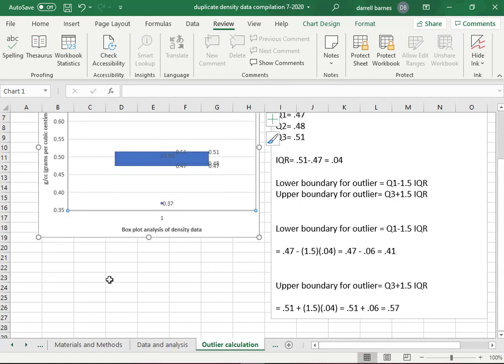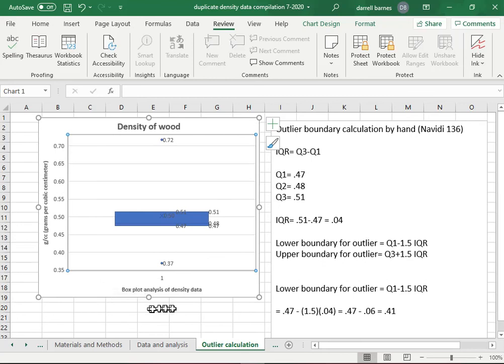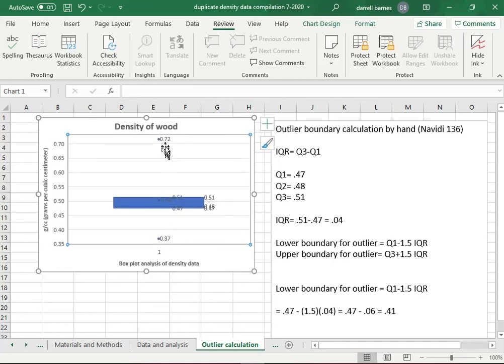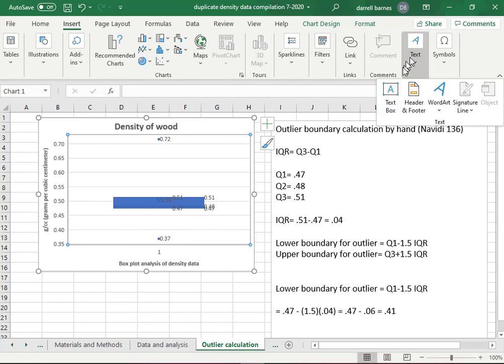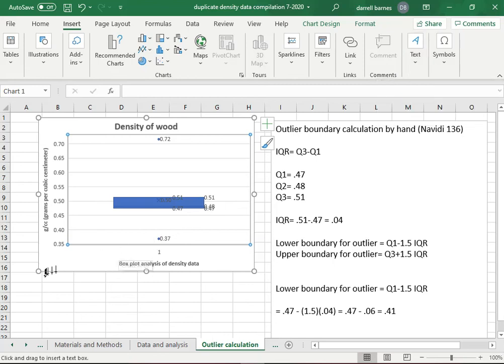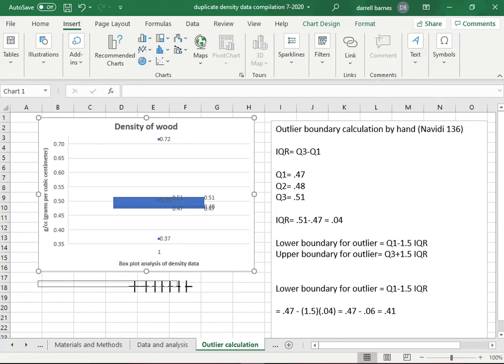There we go. There's not a lot of room here. Okay, let's make this even smaller because really I'm just targeting these two numbers right here. Let's go to insert and let's do a text box here.